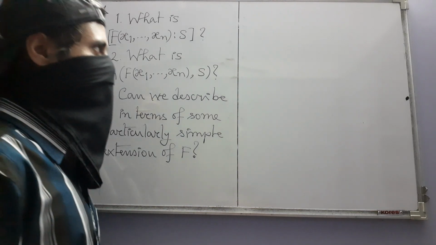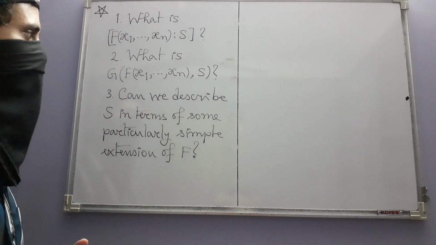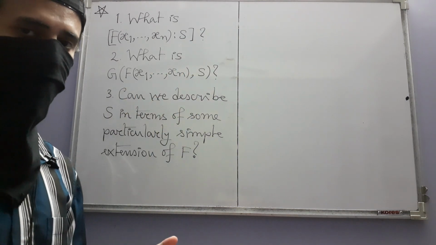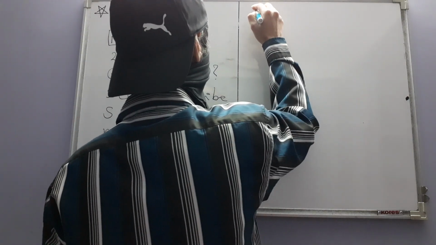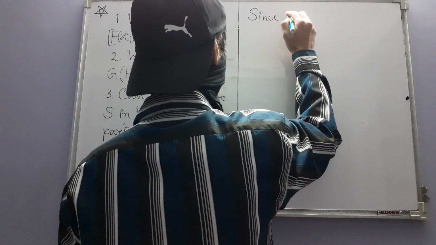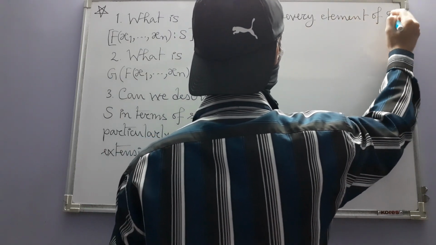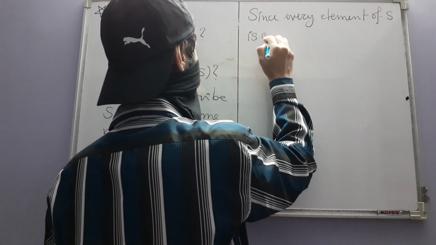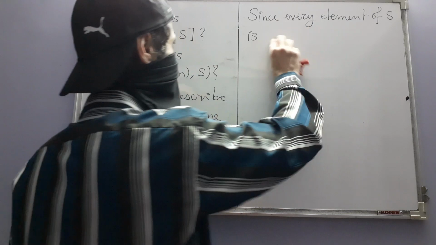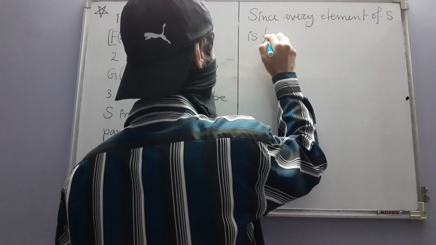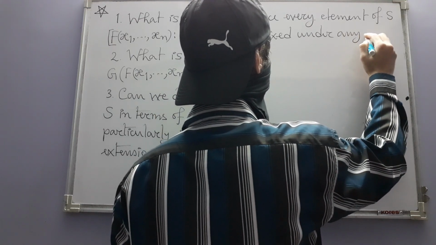So what we first note is this. We first note that the symmetric group of degree n, Sn, already fixes the elements of S. In fact, we have used the symmetric group to define S. Since every element of S is fixed under any element.